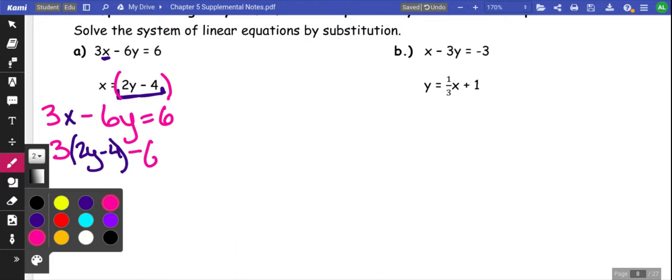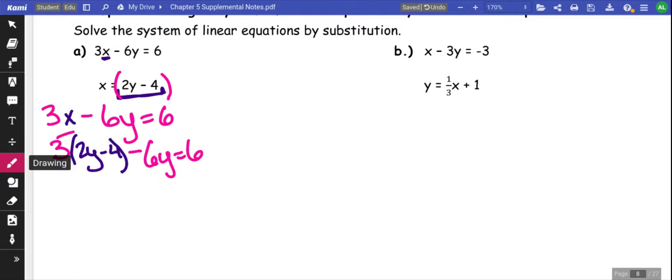And then I still have my minus 6y is equal to 6. Okay, so I'm going to distribute. So I have 3 times 2y is 6y, 3 times negative 4 is negative 12, minus 6y is equal to 6. All right, same as before.